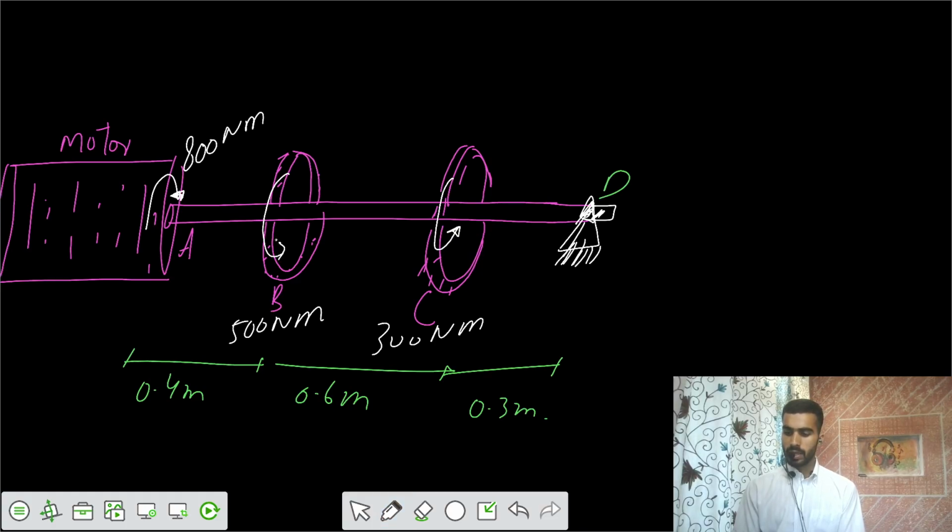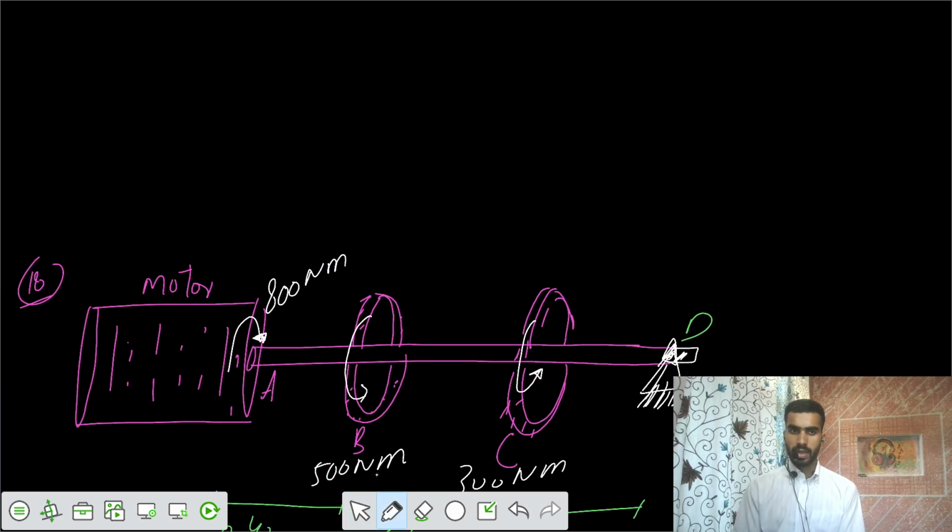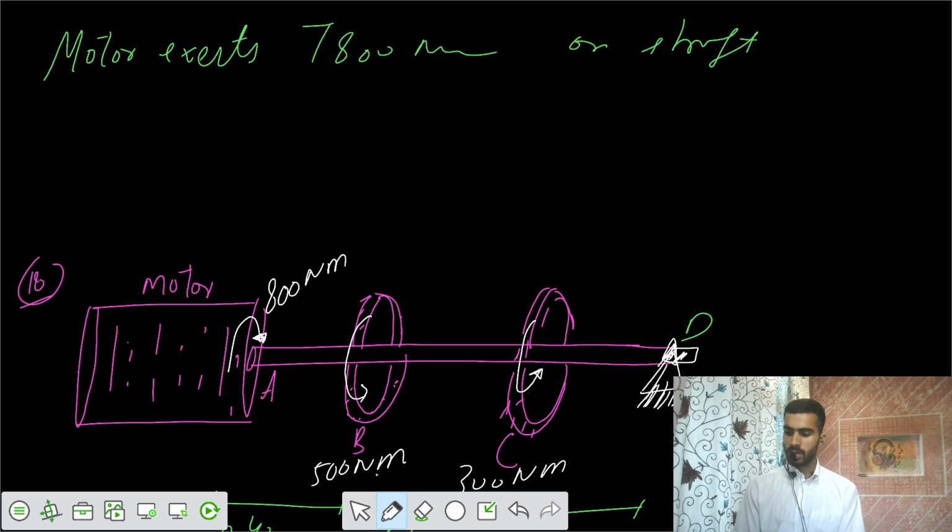Now it's saying that the motor exerts a torque of 800 Newton meter on the shaft, and the shaft is ABCD.